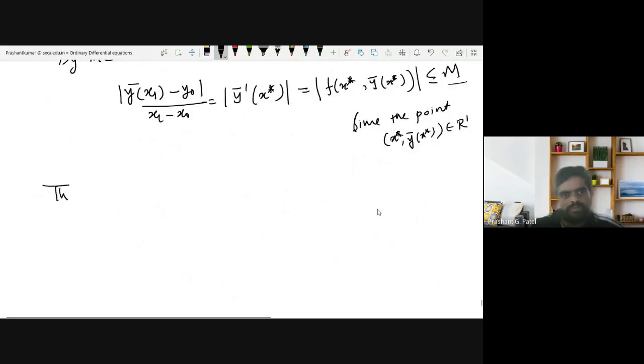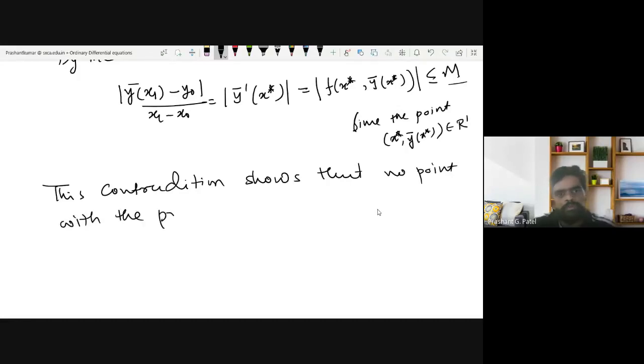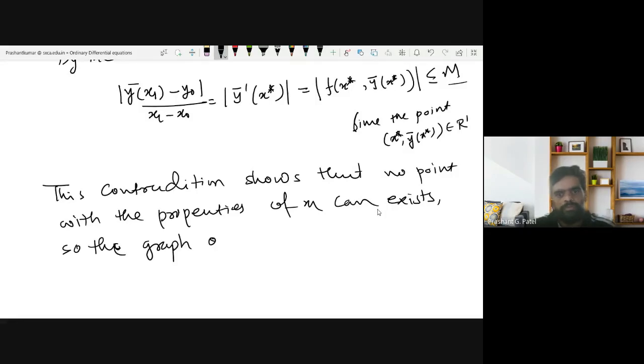So this is a contradiction. It shows that no point x1 with this property can exist, so that the graph of y bar of x lies in R dash. So the graph of y bar lies in R dash.